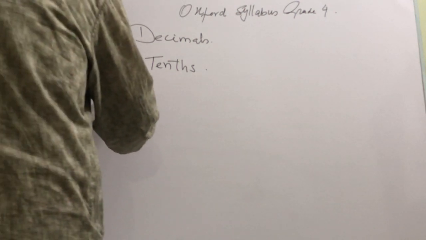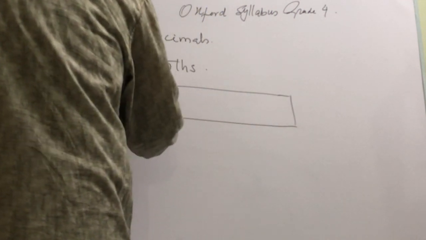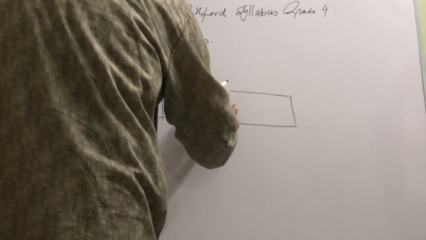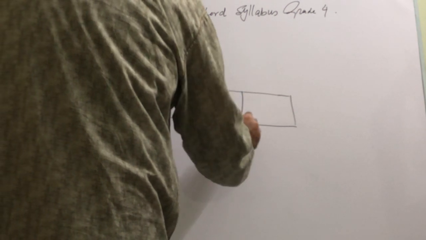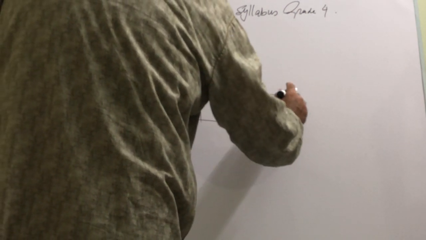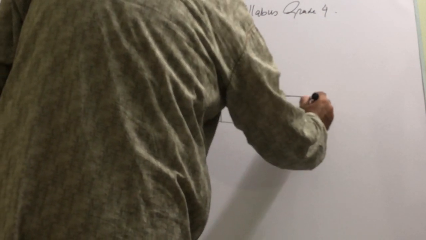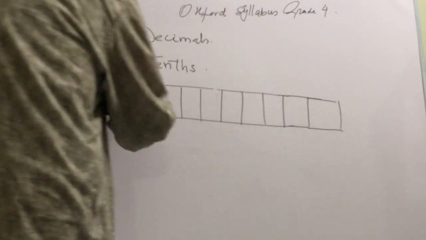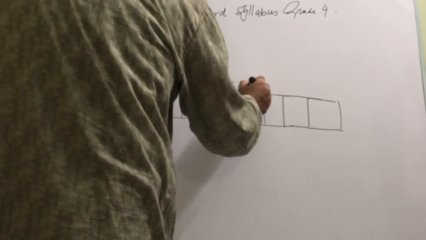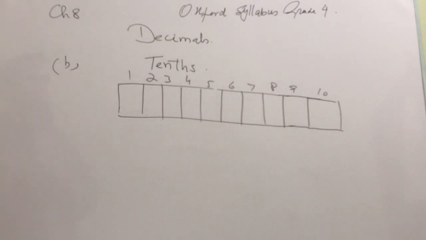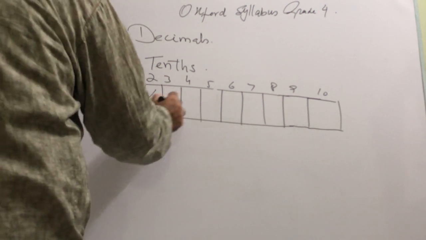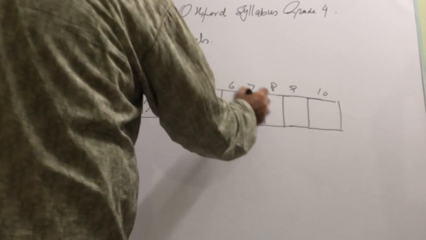This is part B. Total squares or total boxes are 10. Out of this, 7 are shaded. These are shaded, up to 7.